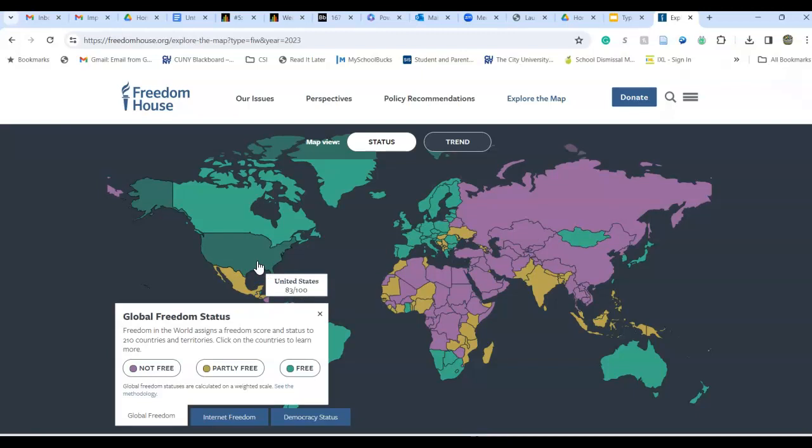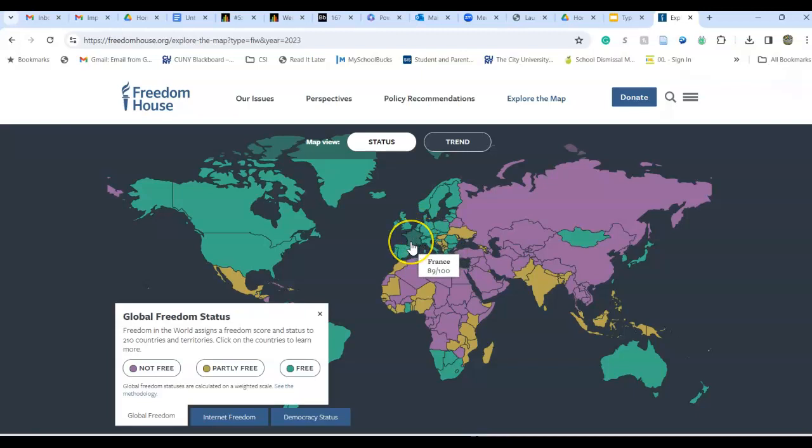But if you look at that, the United States has 83 out of 100 points. A country like Canada, to the north of us, has 98 points. Some of the other Western European democracies, such as Norway, Sweden, and Finland, have 100 out of 100.